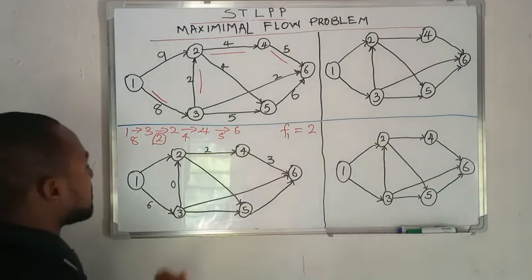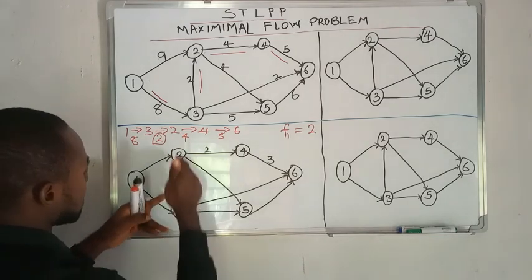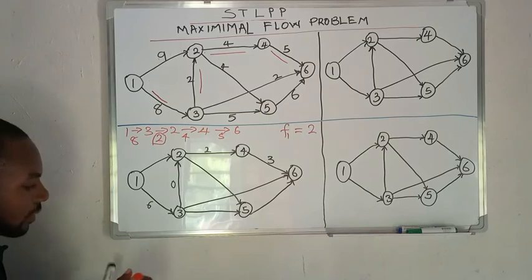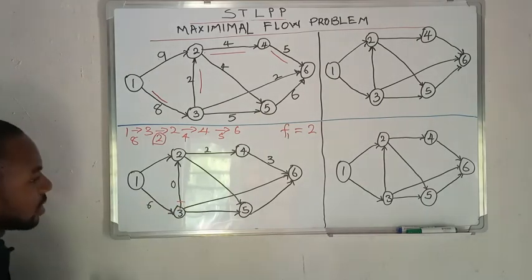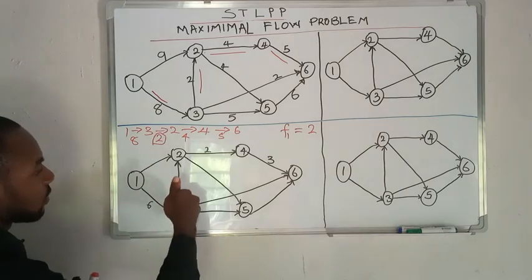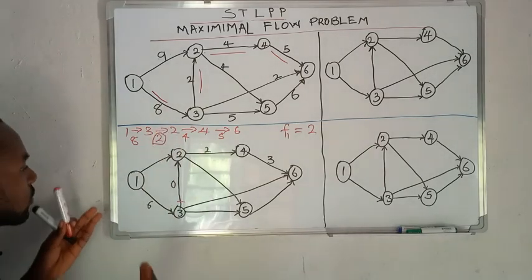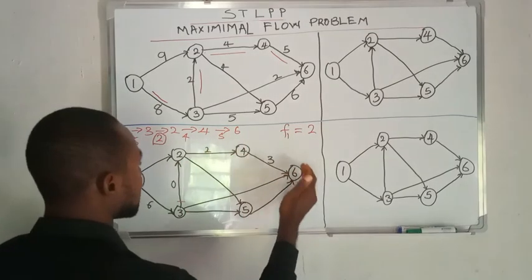After doing this, we find that we can no longer pass any flow through this cable, so we make a mark here so that we know we are no longer going through it. Then we find other paths from the source node down to the sink node.